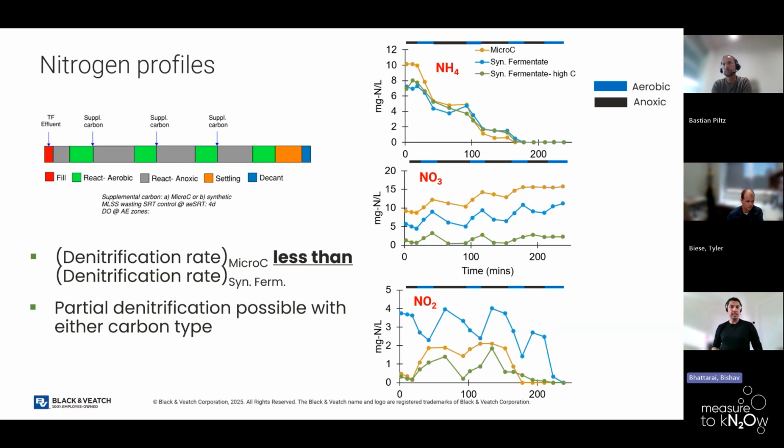For the denitrification rates, we observed the synthetic fermented was showing a higher rate. And in terms of nitrite accumulation, with both carbon sources we were seeing nitrite accumulation as well. And just to highlight, a lot of studies have identified nitrite accumulation as a trigger for nitrous oxide production as well. So we were curious what the nitrous oxide profile looked like.